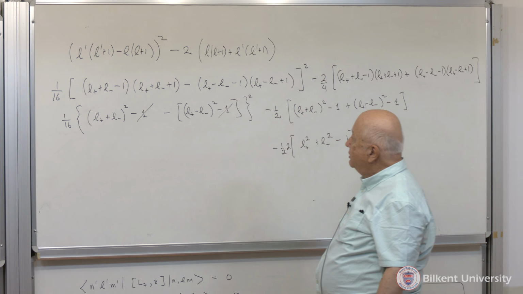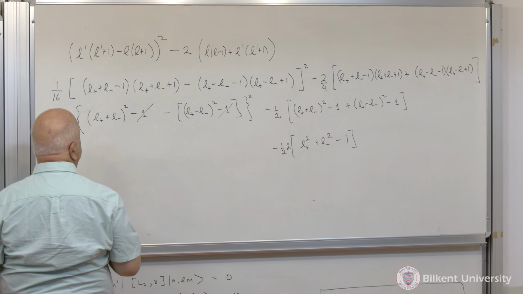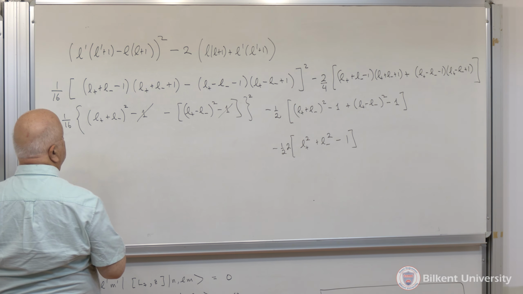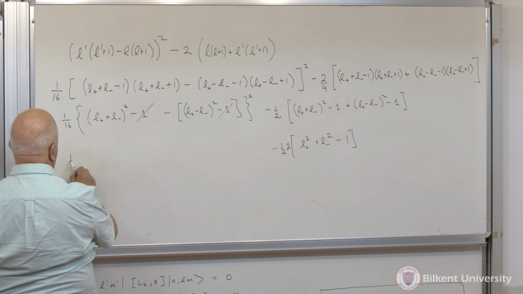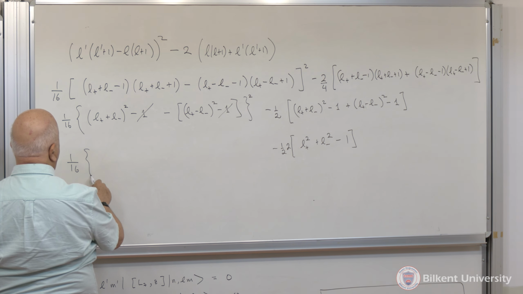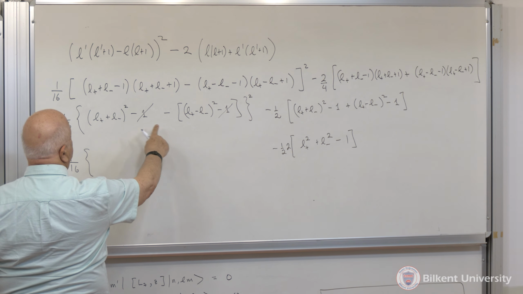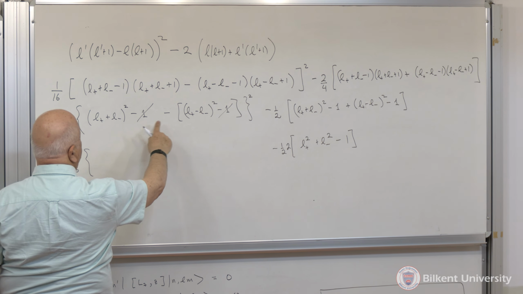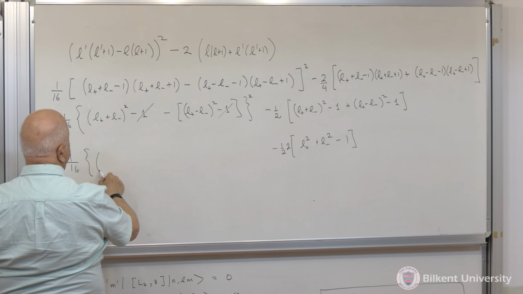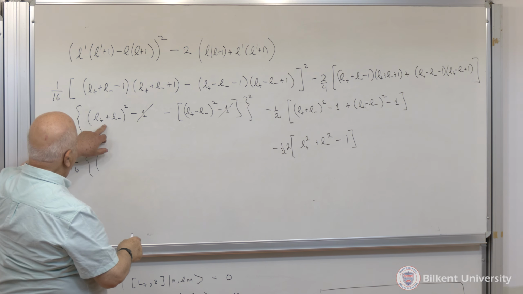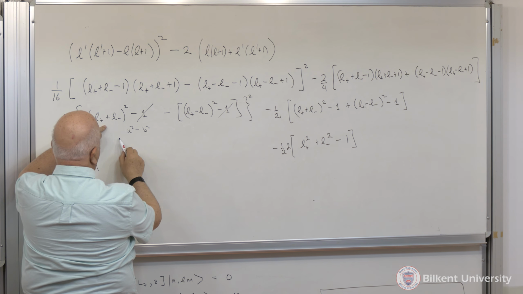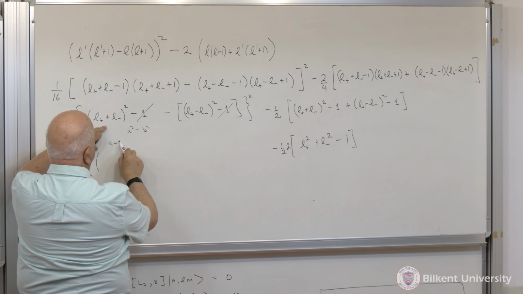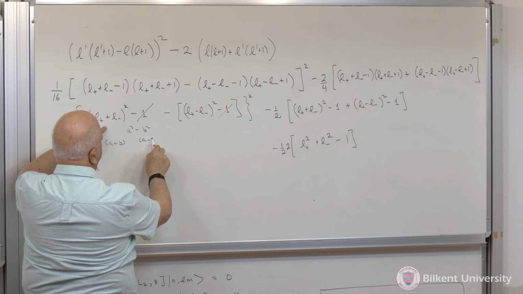What about this guy here? That's a difference of 2 squares, so that's going to be 1 over 16. So I add and subtract these things. This is of the form a squared minus b squared, right? So I want to write this as a plus b times a minus b.